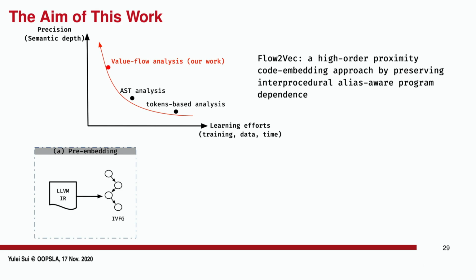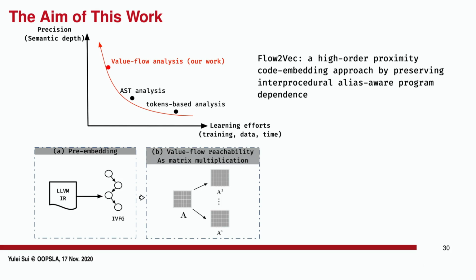This figure shows the workflow of Flow2Vec, which accepts the LLVM intermediate representation as an input to build an interprocedural value flow graph, or so-called IVFG, of a program. The IVFG is transformed into an adjacency matrix A. We then formulate value flow reachability as matrix multiplication to embed context-sensitive value flows through CFL reachability in the low-dimensional space.